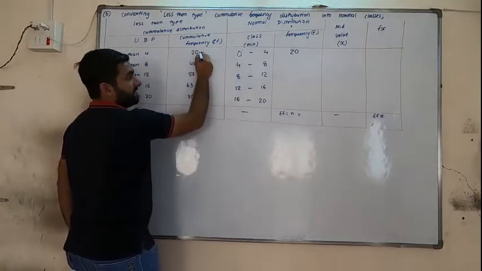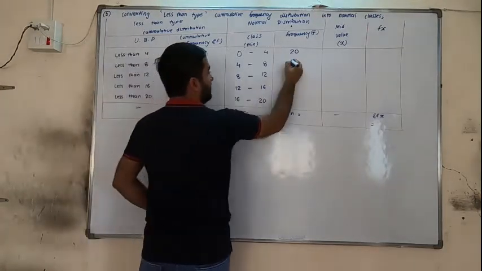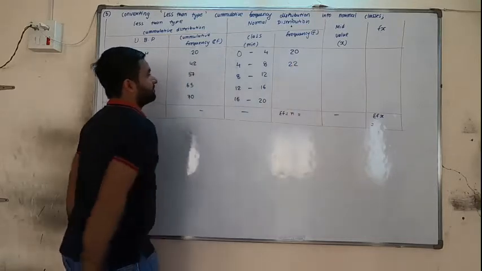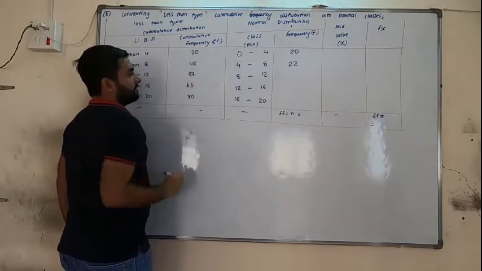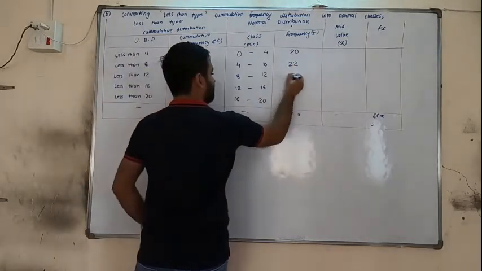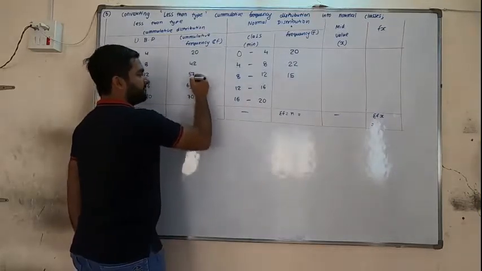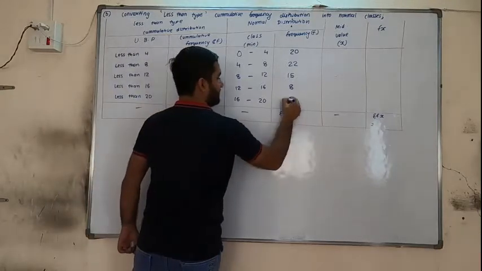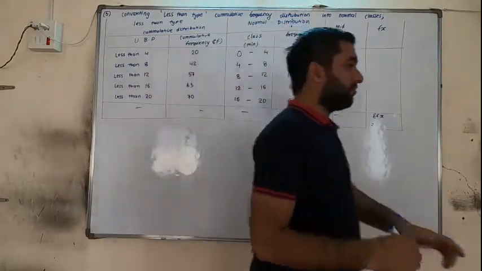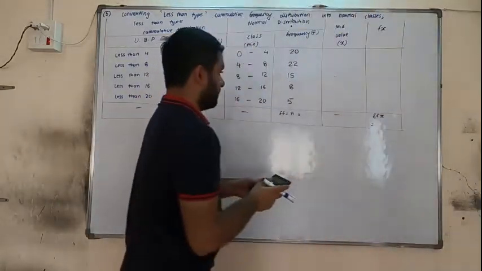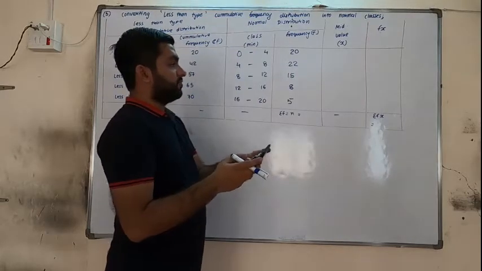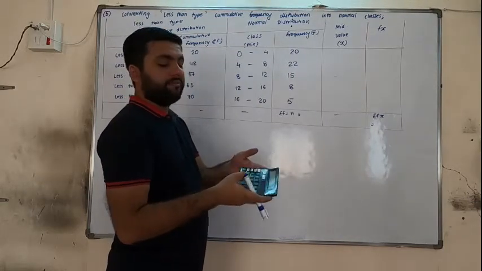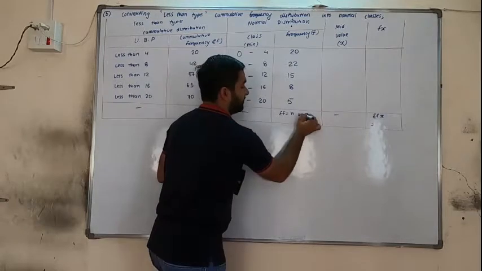Now subtract from here to here. 42 minus 20 is 22. 57 minus 42 is 15. 65 minus 57 is 8. 70 minus 65 is 5. Now let us check whether the total is 70 or not. 20, 22, 15, 8, 5 is 70.